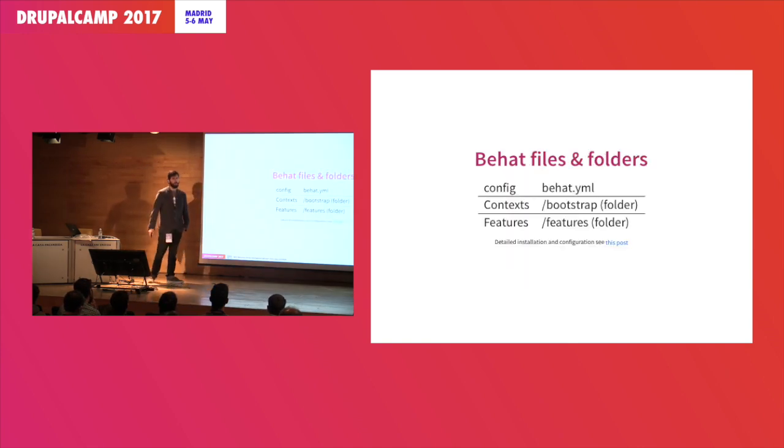And the main files and folders for Behat are those. We have the config YML, where we are going to set which libraries we want to use, the base URL of our project, some variables, whatever is going to be on that config file. Also, we're going to have in the Bootstrap folder the context.